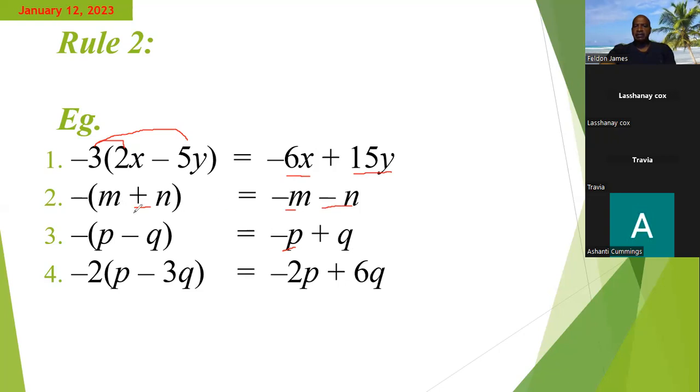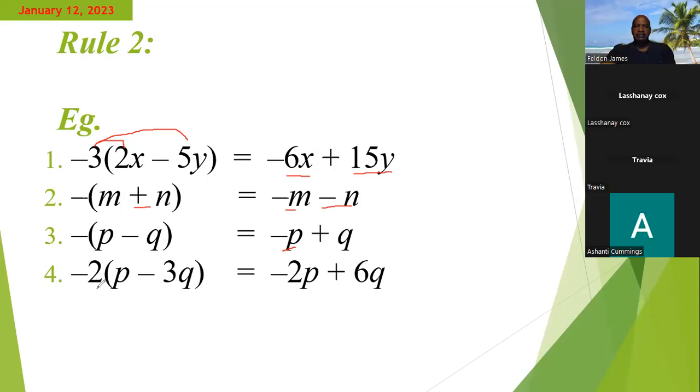So if I said something a little bit out of place, I'm just trying to make the correction. So here, -1 times m is -m, -1 times positive n will give you a -n. Here, -1 times p will give you -p. -1 times -q will give you positive q.